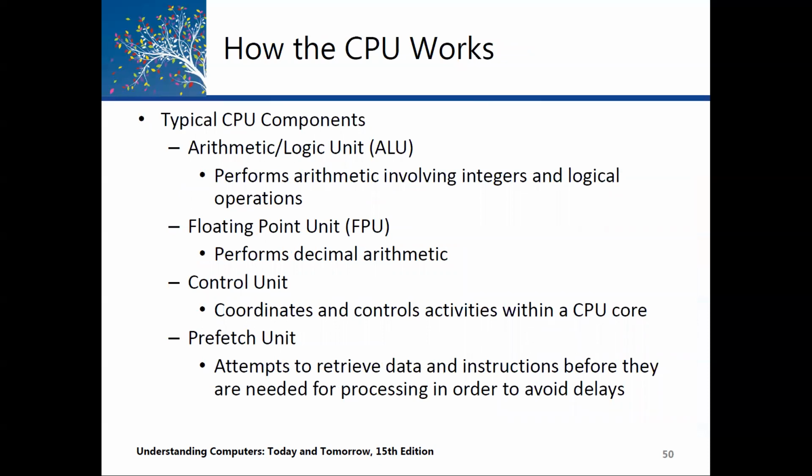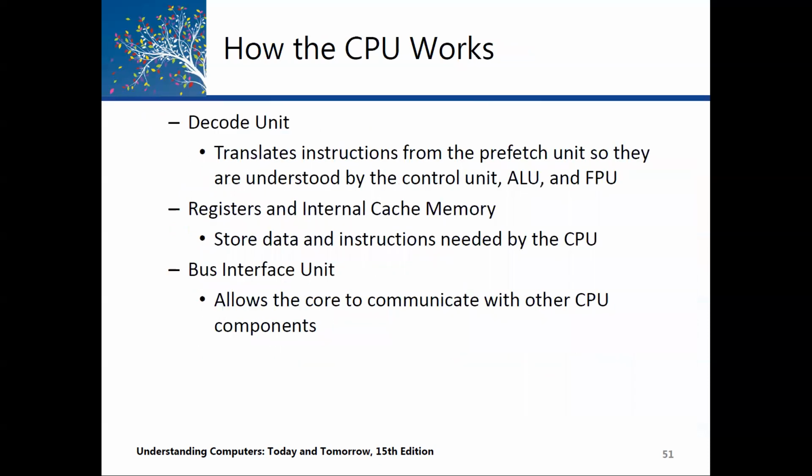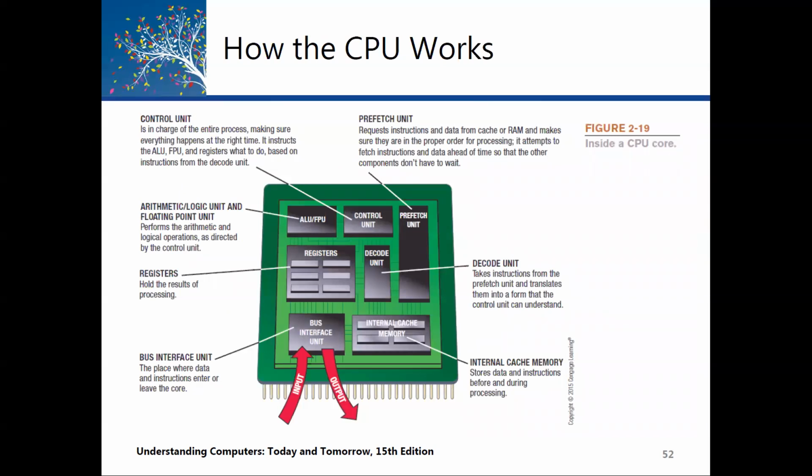So for the typical components of a CPU, let's go directly to this slide. Here you can see in the diagram we have several components, right? To begin to understand how a computer CPU works, you need to know how the CPU is organized and what components it includes, right? This information will help you understand how electronic impulses move from one part of the CPU to another to process the data.